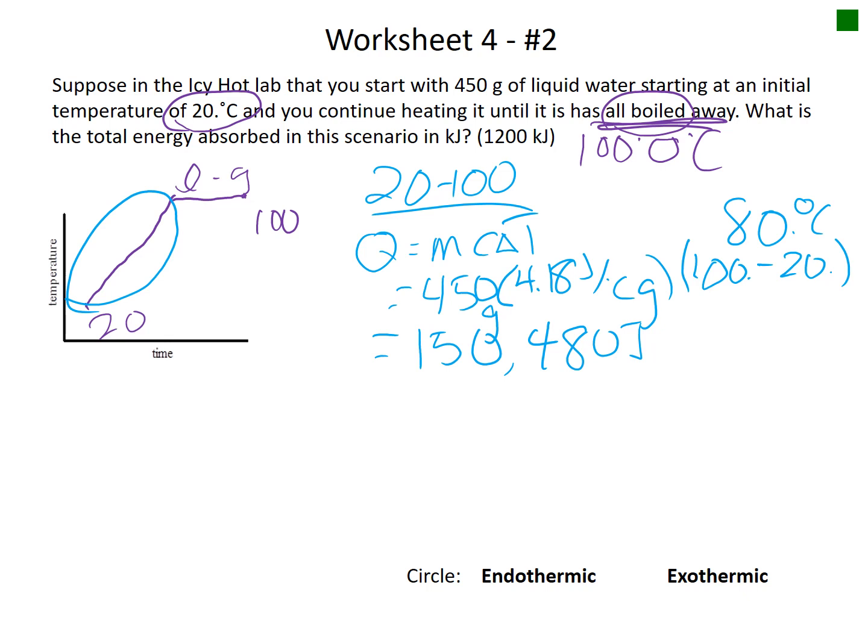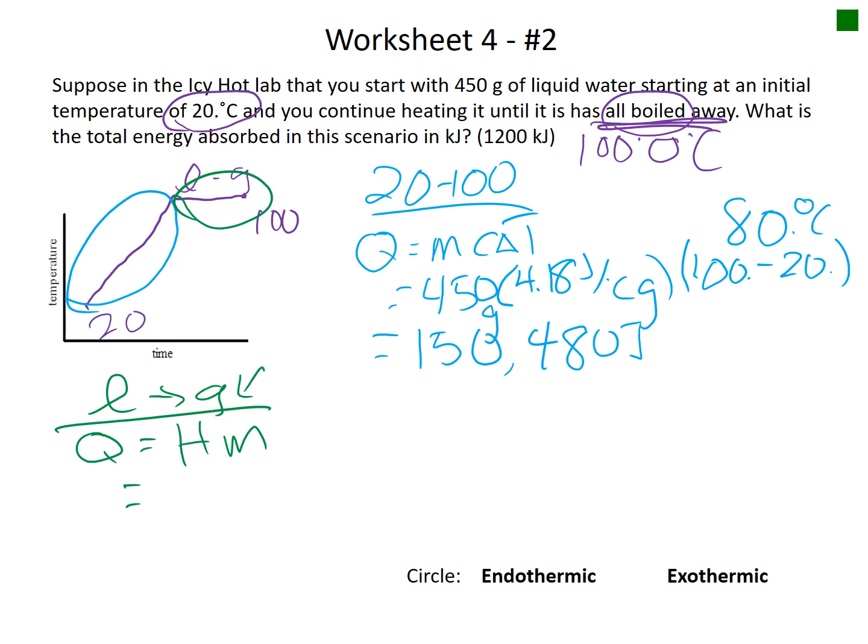But I'm not done because what I need to do now is figure out how much energy it takes to convert all that liquid into a gas. So when I'm doing that liquid to a gas, I know I'm undergoing a phase change, which means there's no temperature change, which means that I'm going to be using the formula Q equals HM. In this case, once again, I'm solving for Q. So my H values, I have two of them, vaporization and fusion.